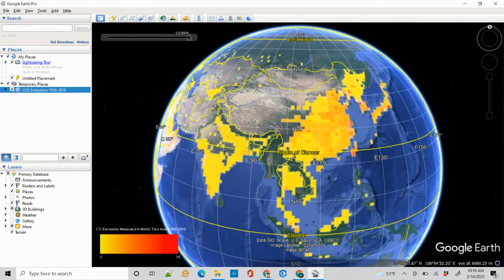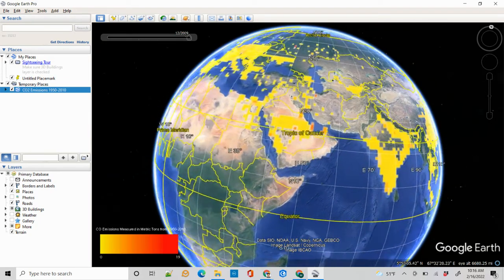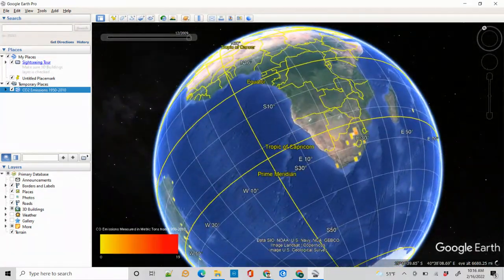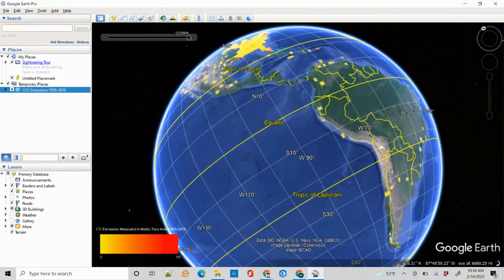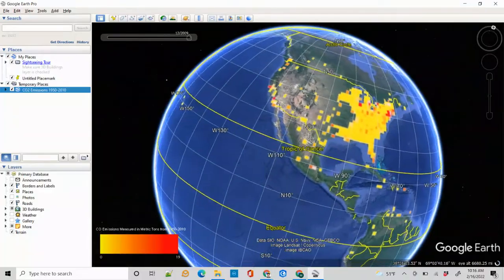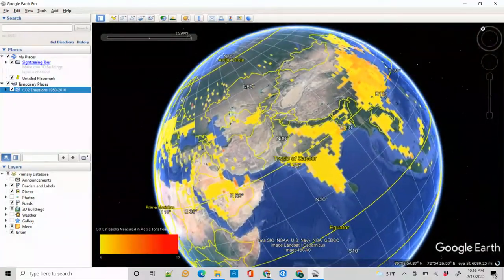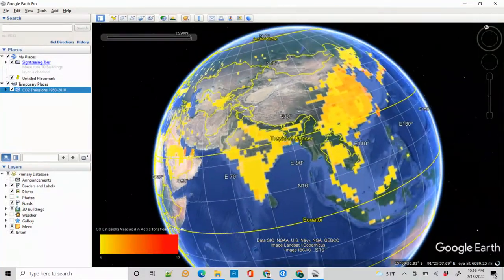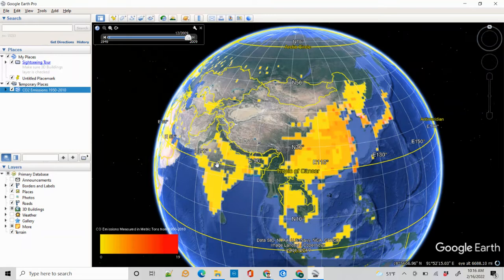Now you can see it's full of activities for carbon dioxide emission. There are fewer activities in this part of the world, in the African region, very few in the South American region, few activities in the USA, but China and the Asian countries have actually increased a lot in this sector. So that's the idea of this Google Earth file.